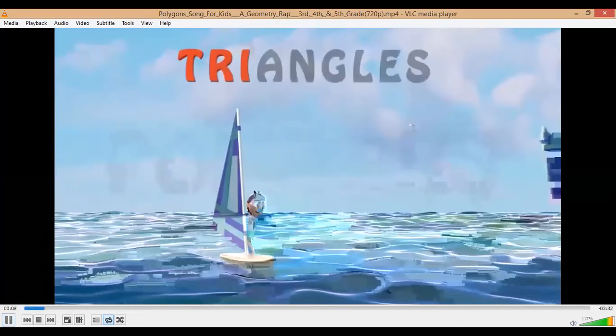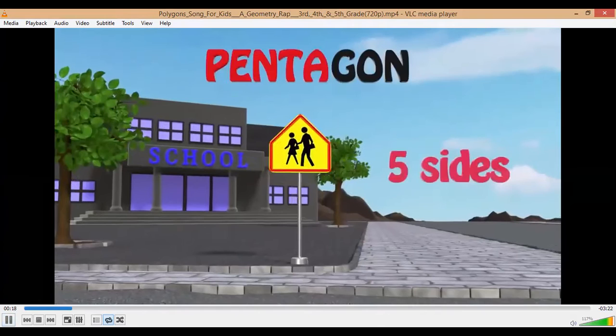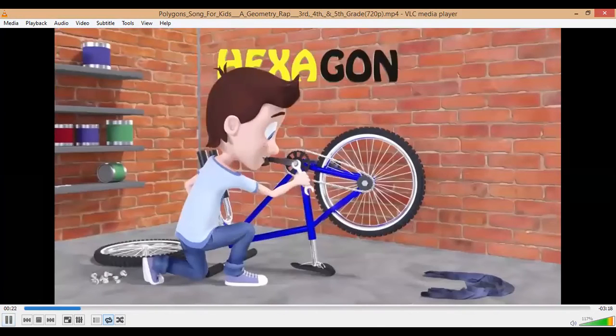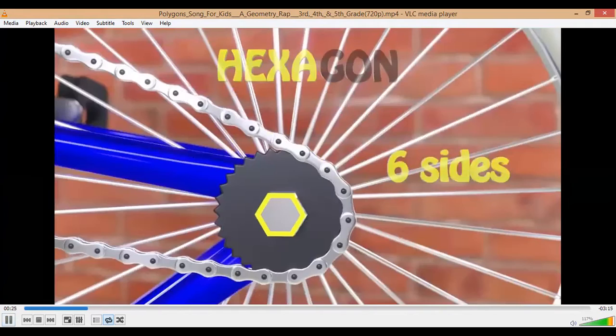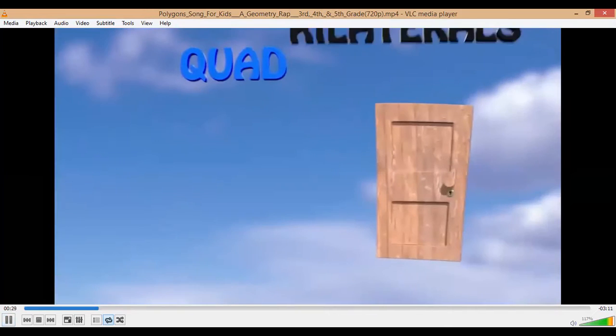That means 3, 4. Triangles have 9 laterals. A sail on the sea. Quad, a prefix that means 4. Quadrilaterals of 4 sides like a door. Hecta is a prefix that means 5. Pentagons of 5 sides like a school zone walk sign. Hexa, a prefix that means 6. Hexagons of 6 sides like a bolt we twist. Tri means 3 and quad means 4.